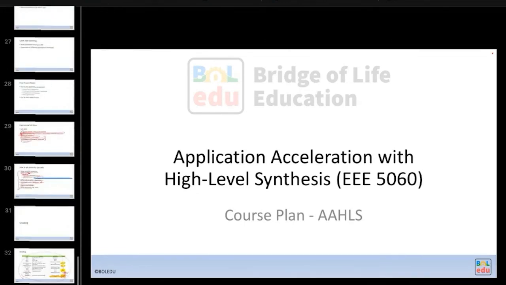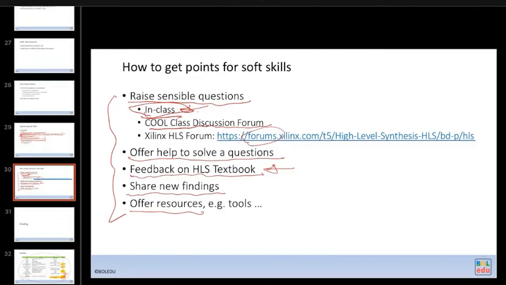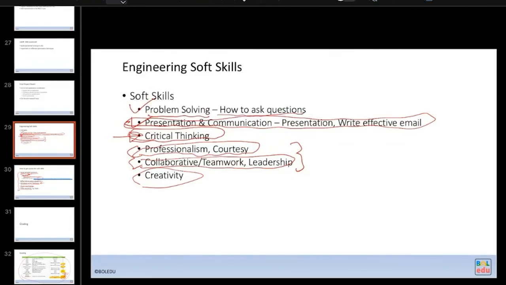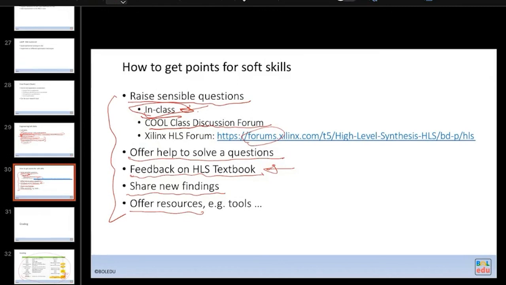Let's go back to this slide. Here is the list of things for soft skill. Some of them are covered by your presentation, so they don't count again; they're already reflected in your grade for that presentation. We count the points for those items, but I may add some other instances where you can earn points. I just gave a very brief thought on those areas.